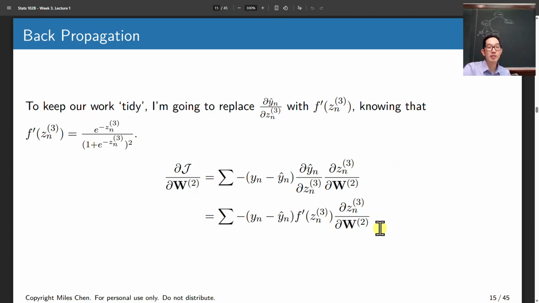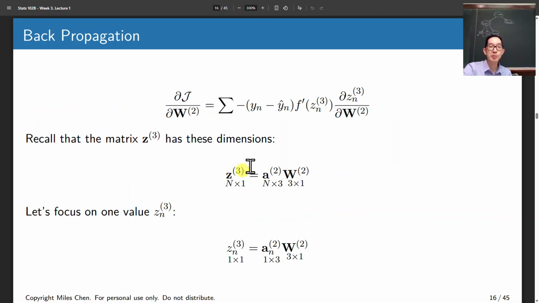All right, and then so now we can ask, okay, well, what's this part? Well, if we think about how we get our Z matrix, it is the result of multiplying our activated values in the hidden layer times W2, right?